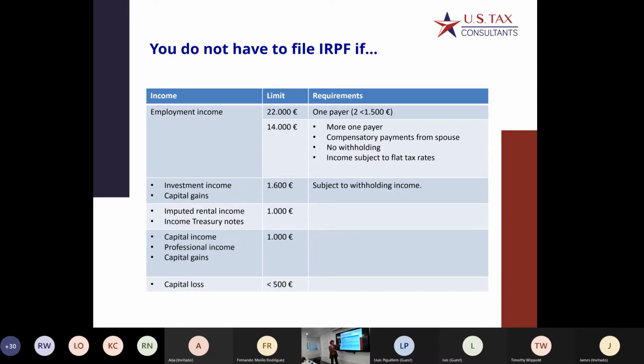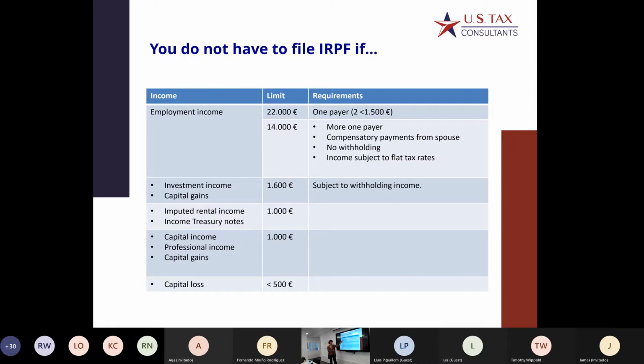So it's not the same if you receive the 22,000 euros from an employer in Spain, which will be subject to withholding tax, than from a U.S. employer. In case of the U.S. employer, because the employment income is not subject to withholding tax, you will be obliged to declare even if you don't get to the 22,000 euros limit, okay?